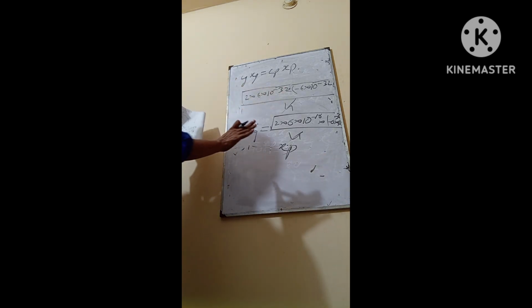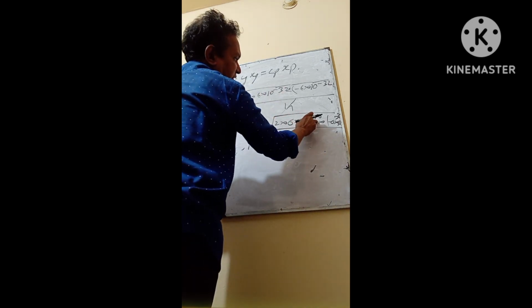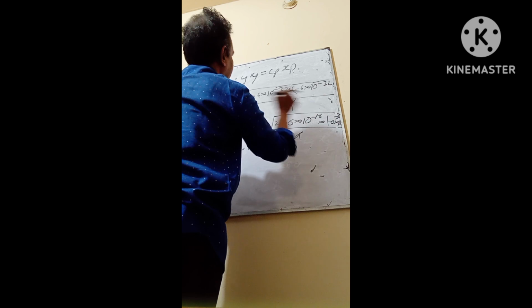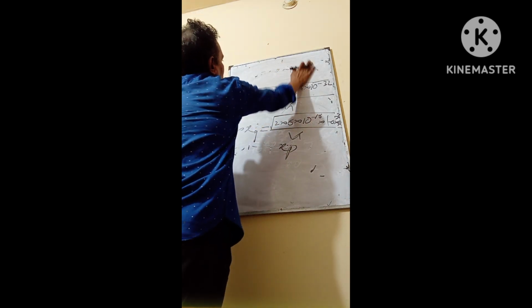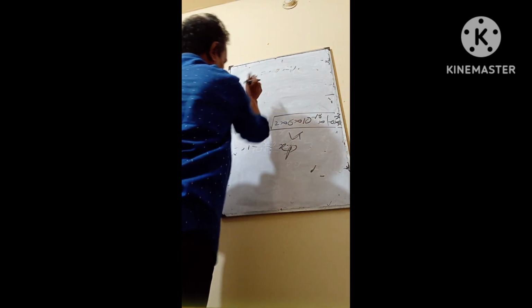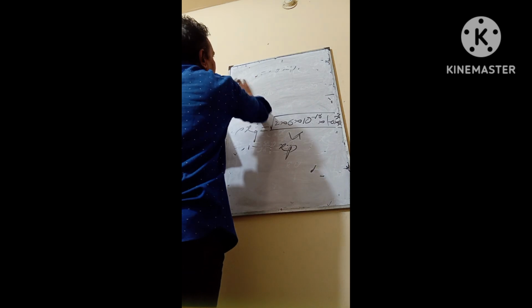So this is the equation: 6 into 10 to the minus 16 minus 6 into 10 to the minus 16. So I have to calculate newly. How?